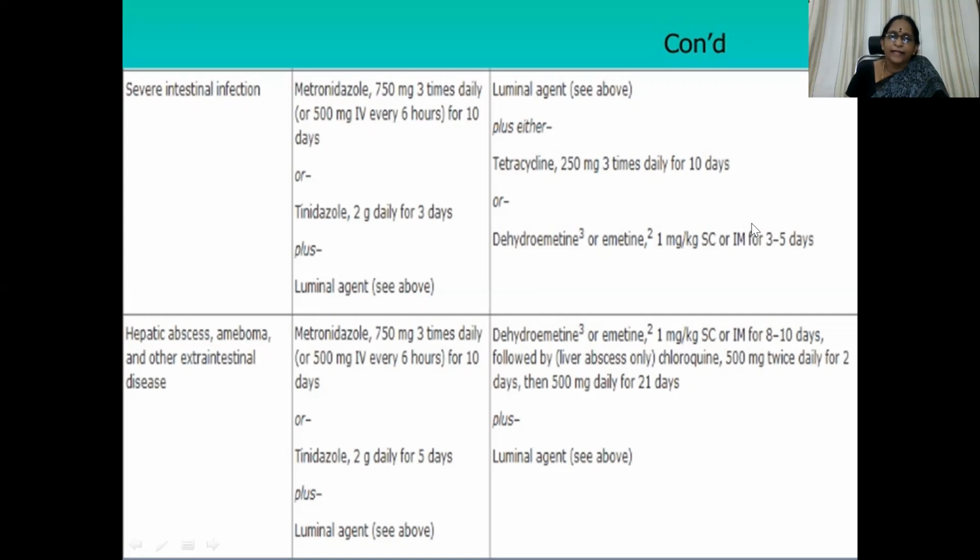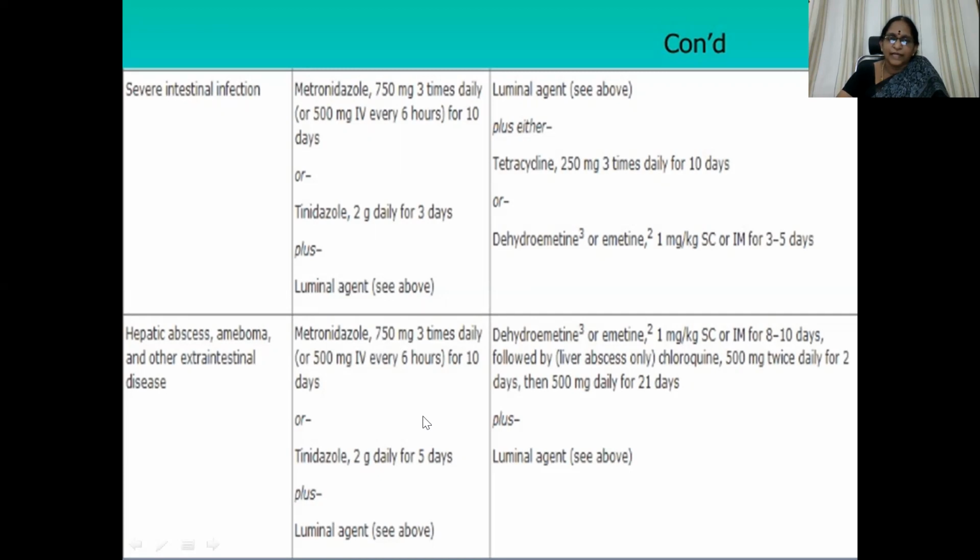Then hepatic abscess and amoeboma and other extraintestinal disease. Metronidazole, here you can go for 800 mg or 750 mg 3 times daily, or 500 mg IV, plus tinidazole, or tinidazole 2 grams daily for 5 days and a luminal agent.